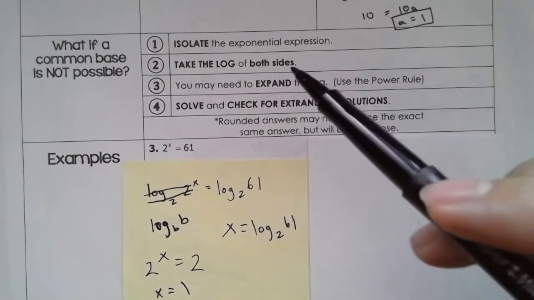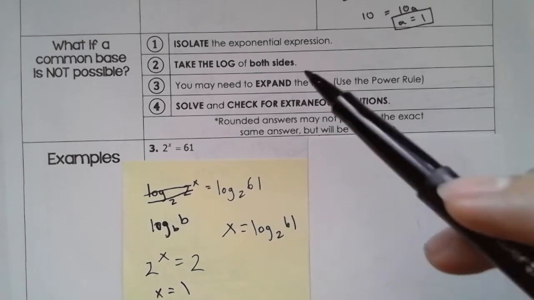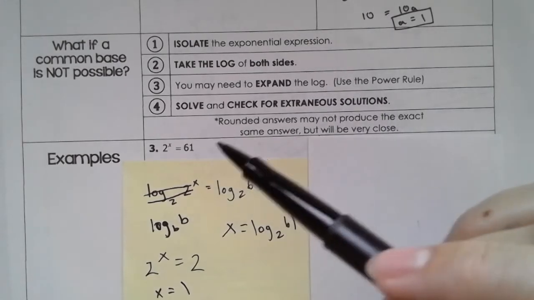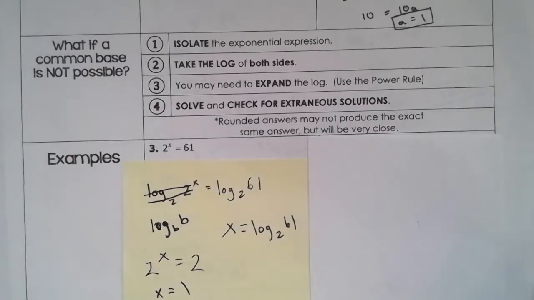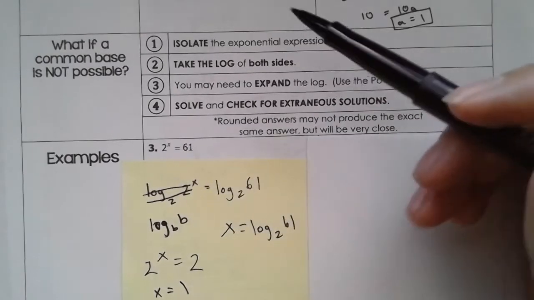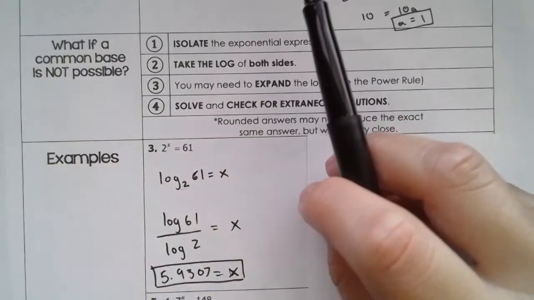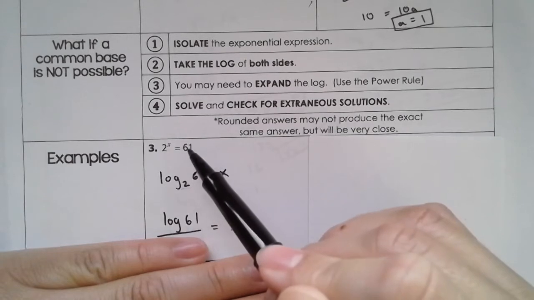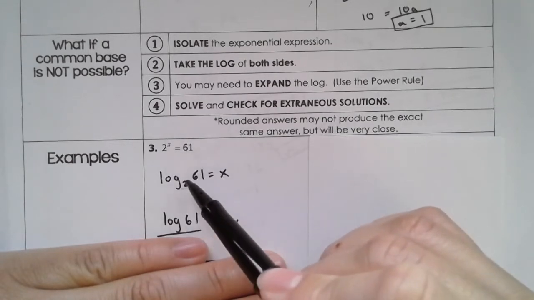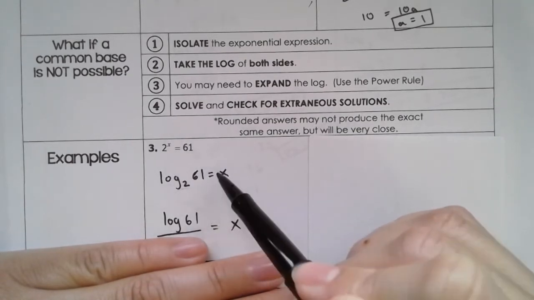The other way to interpret what take the log of both sides means, and it's the way I prefer, is it just means rewriting the exponential expression as a logarithmic expression. So b is 2, a is 61, so you have log base 2 of 61 is equal to x.